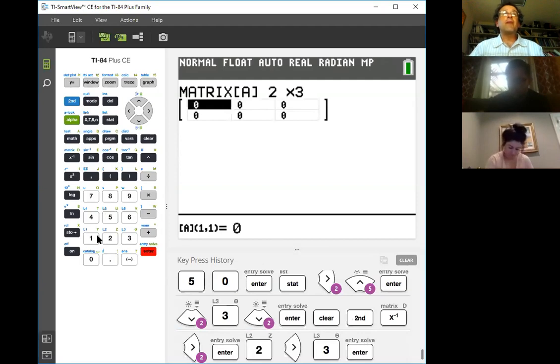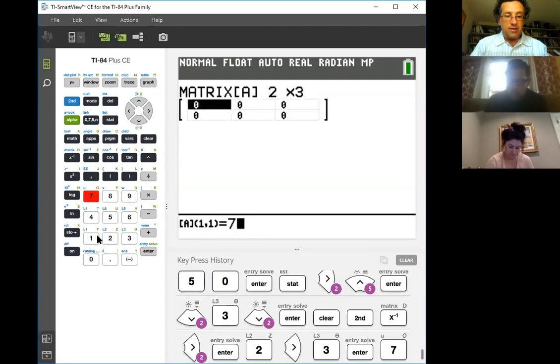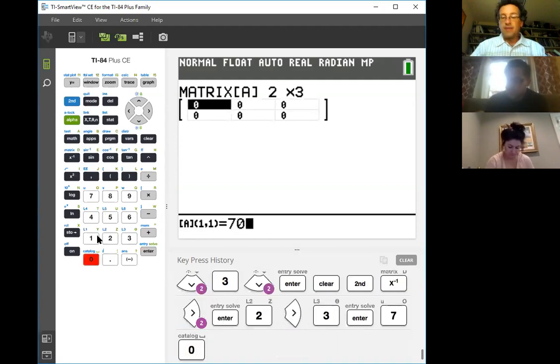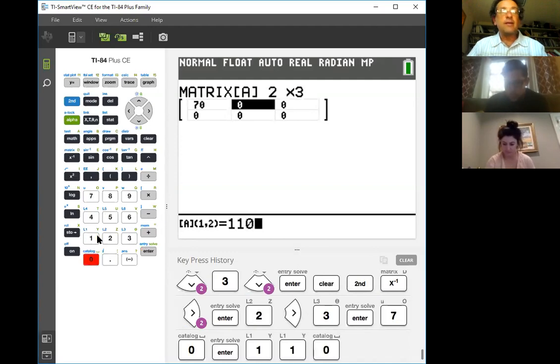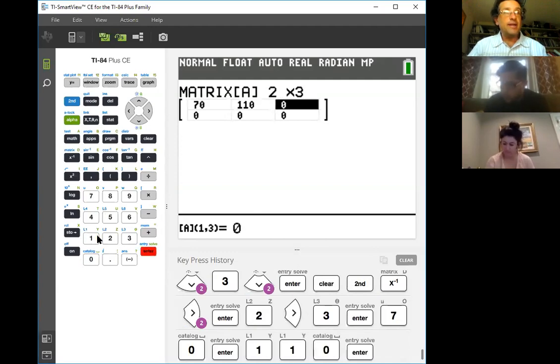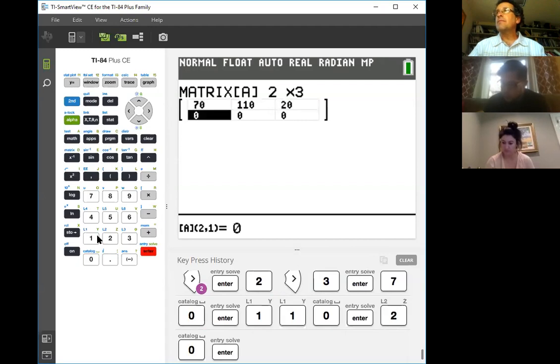So now we put our numbers in. We had a 70, enter, then we had 110 and 20. And then we had 110, 158, and 30.